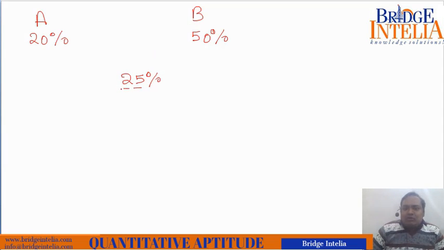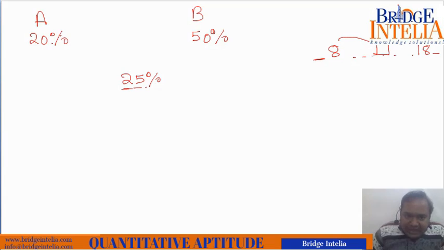The final outcome will be between these two extreme cases. If you take the average of 8 and, let's say, 18, the answer comes between 8 and 18, not less than 8 nor more than 18. Similarly, if you mix something of strength 20% with something of strength 50%, the average will come between 20 and 50%.